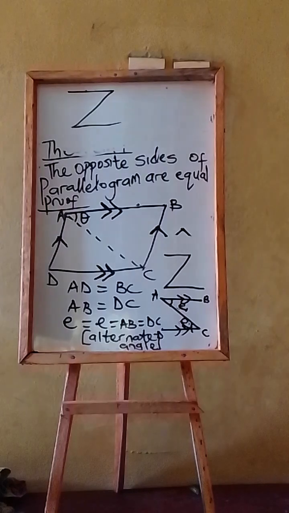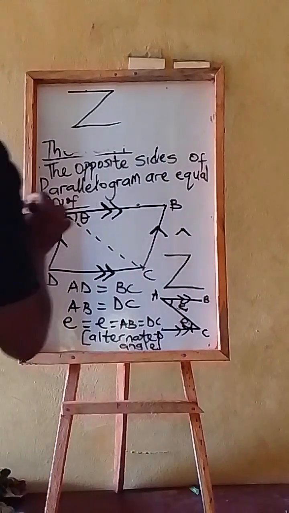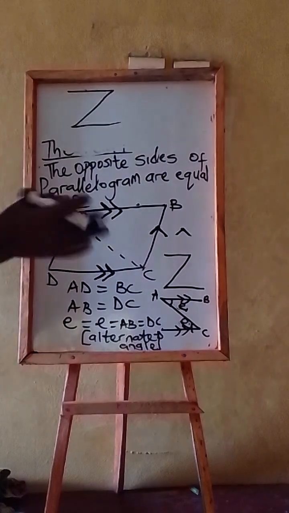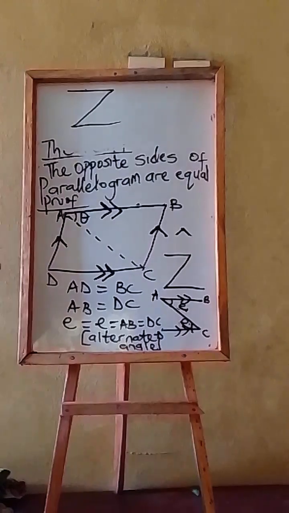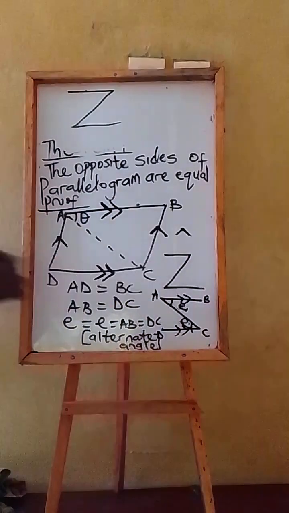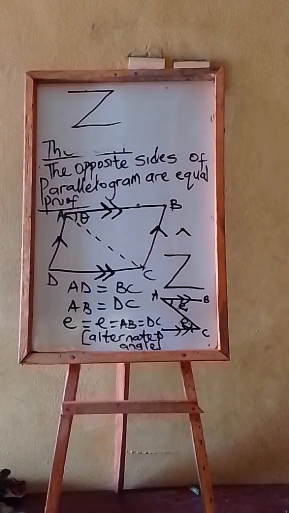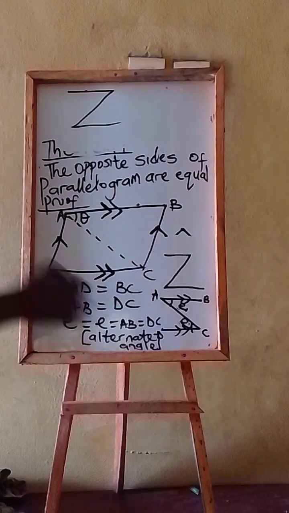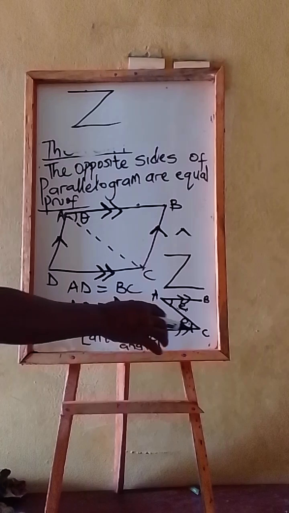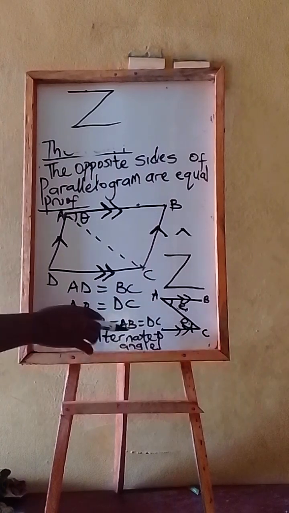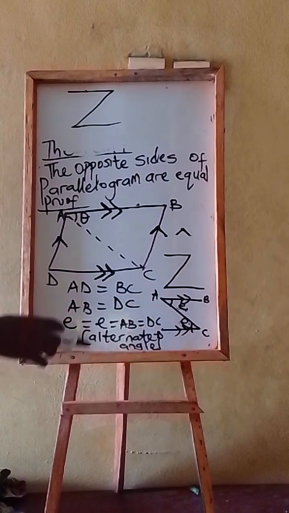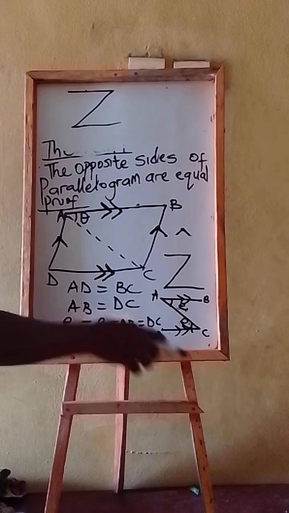Now the same thing, if you go this way, it depends on the side you are looking at. We'll look at this side first. I use E. E equals E. That means AB equals DC.